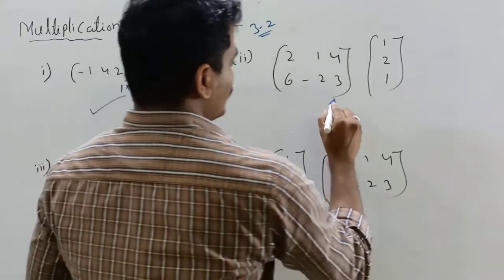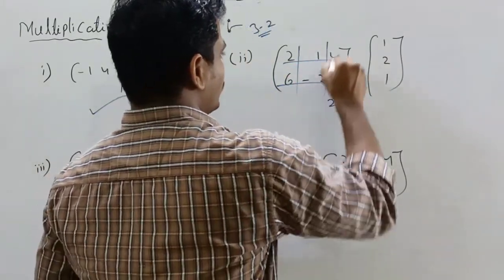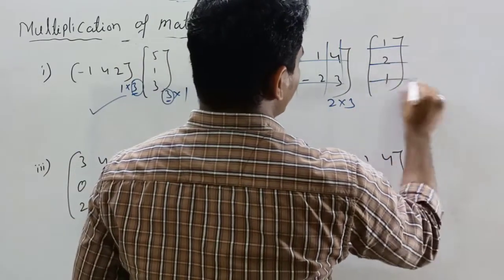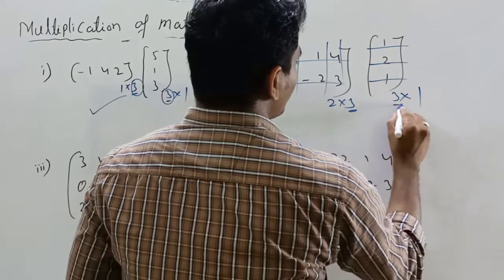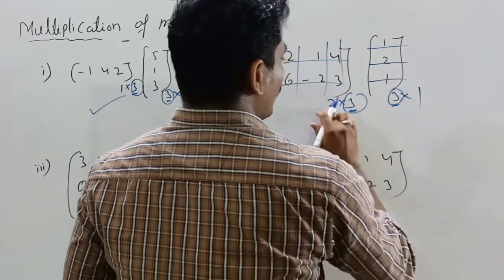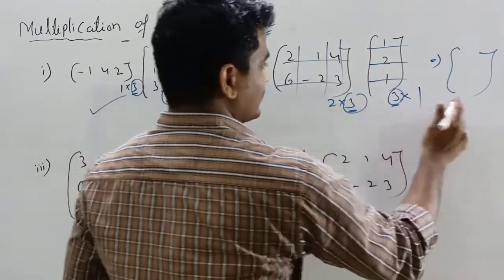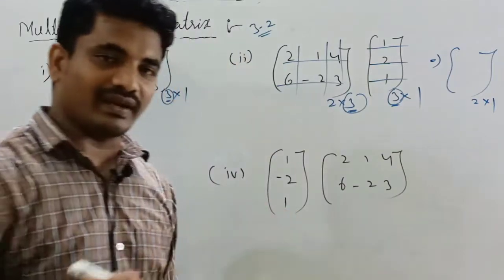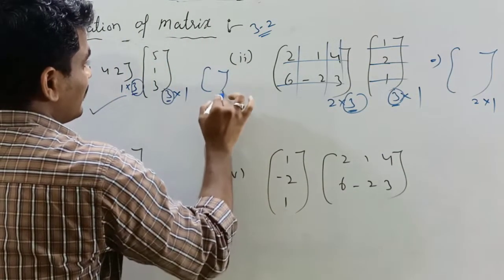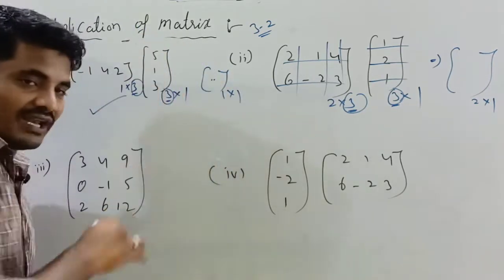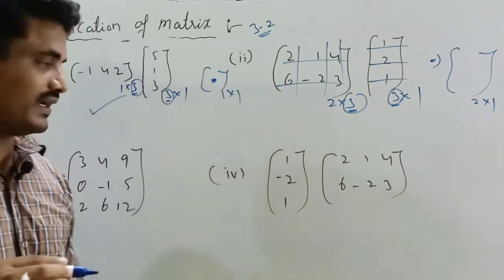And here is 2 rows and 3 columns, and here 3 rows and 1 column. So 3 and 3 are the same, so we can get the resulting matrix. The resulting matrix order is 2 by 1. Here the resulting matrix order is 1 by 1, that means only one element, a single element, we can get here.